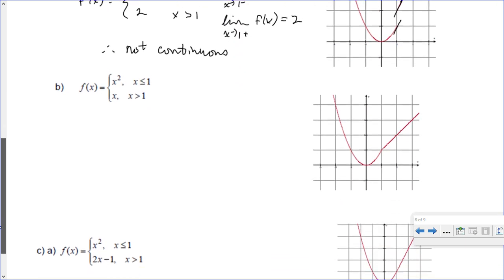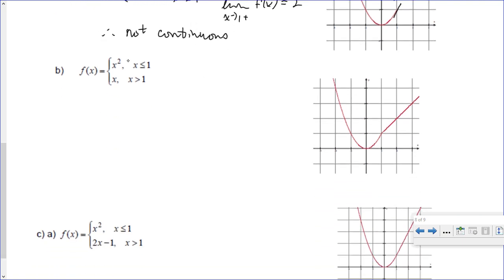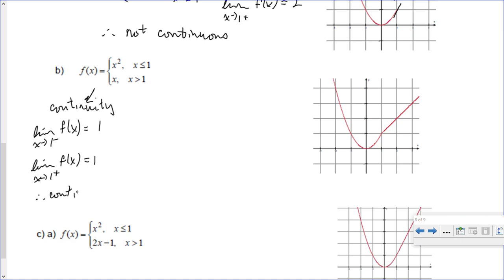So here's my similar function, but here's the situation. Let's do a continuity check first of all, that's what I should have done in the first one, and I'm going to do my limits. That would be 1, and the value of the other piece would also be 1, so it's continuous. But I'm going to check for differentiability now.